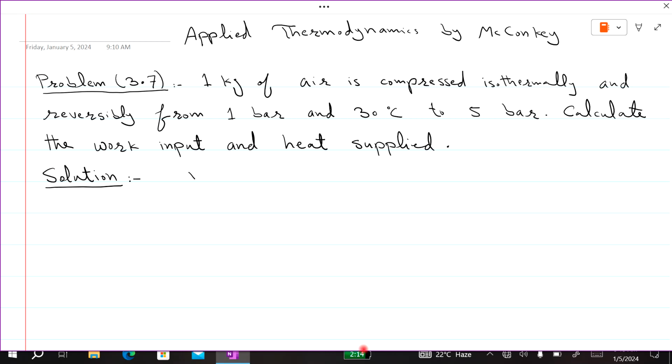So, mass is given to us as 1 kg, compressed isothermally and reversibly. Working fluid is air.